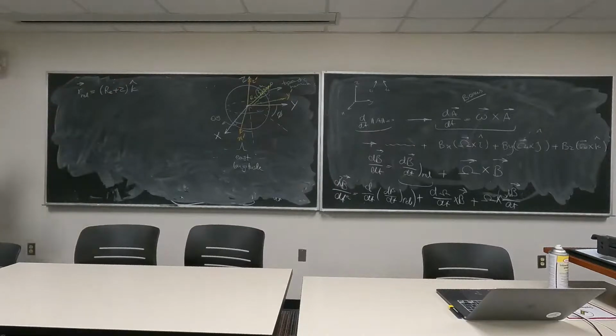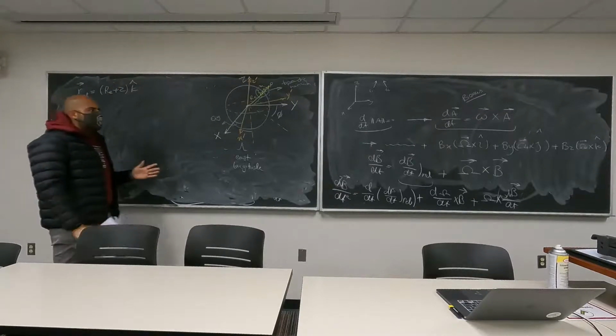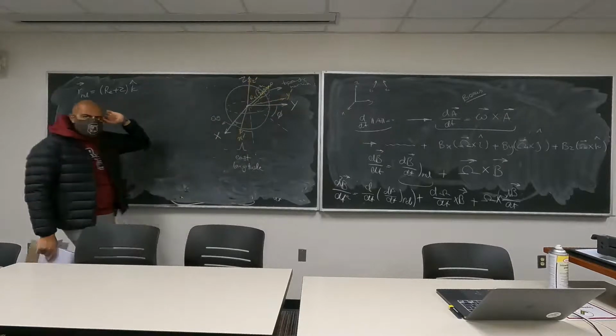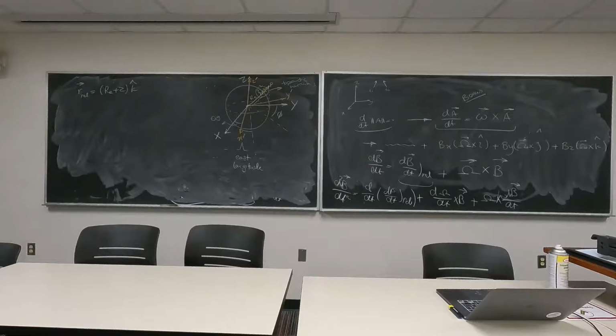Okay? So we are writing the position vector and velocity for this x prime, y prime, z prime. Okay? You're moving from a reference. It is on in the k direction.